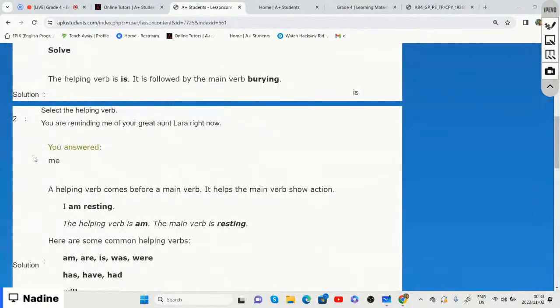Okay, let's try another sentence. It says, "You are reminding me of your great aunt Laura right now." Can we identify the main verb within the sentence?